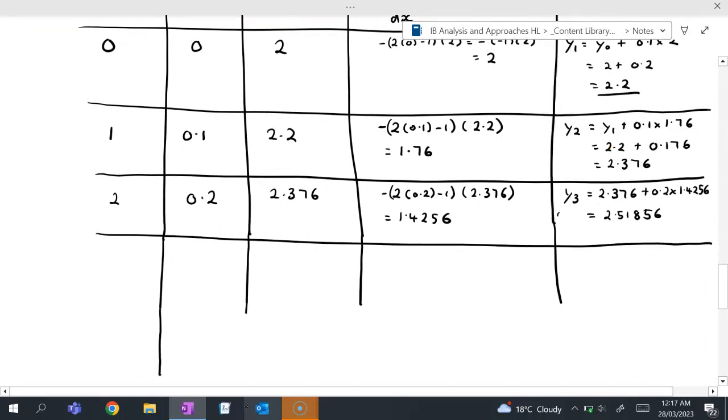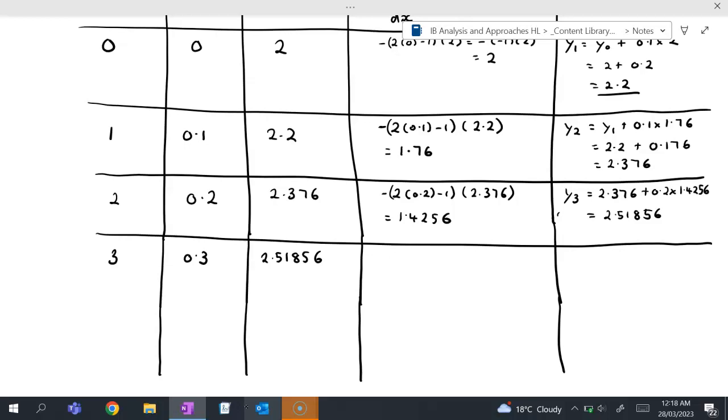Okay, alright. Third step. Gets a bit tedious. Okay. So it's minus 2 times 0.3, take 1, times 2.51856, giving me 1.007424. y4 then is 2.51856 plus 0.1.